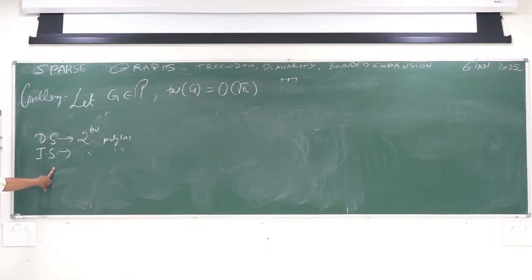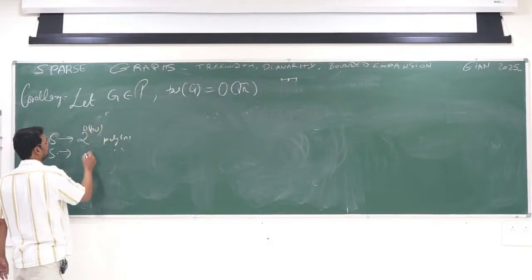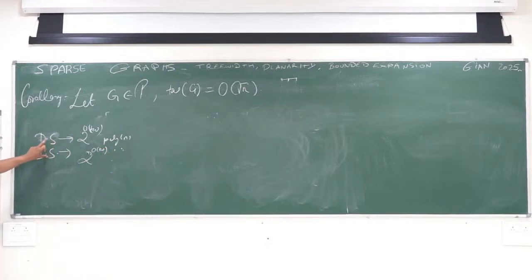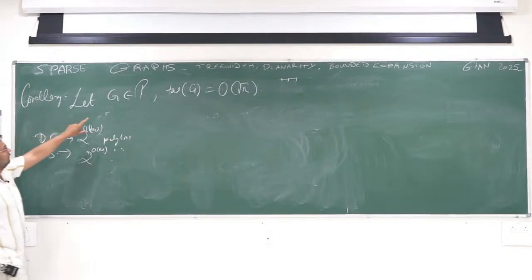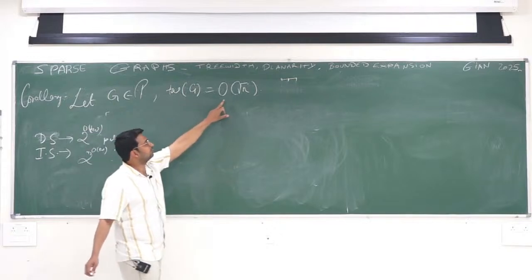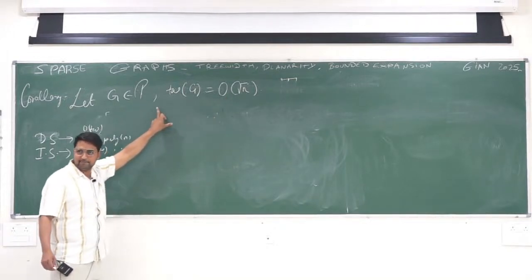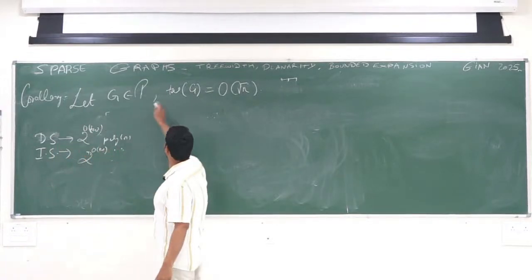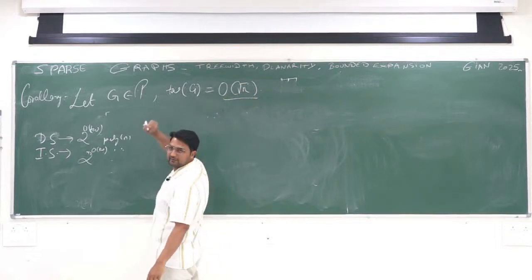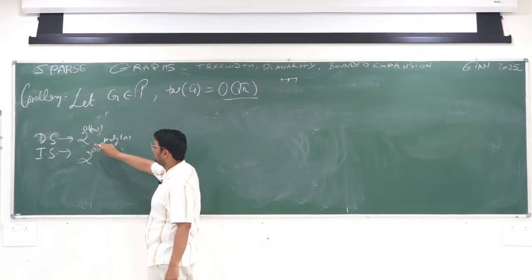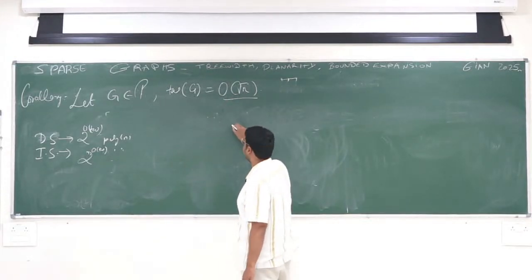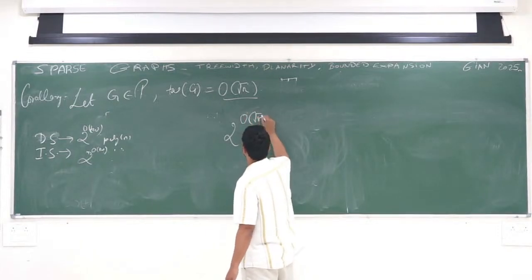So you can get a square root of n treewidth decomposition of a planar graph in n squared time. What you do is take your planar graph, get a tree decomposition of order square root of n, and once you get such a decomposition, you solve this problem, and hence you end up solving both of these NP-hard problems on planar graphs in 2 to the power order square root of n time.